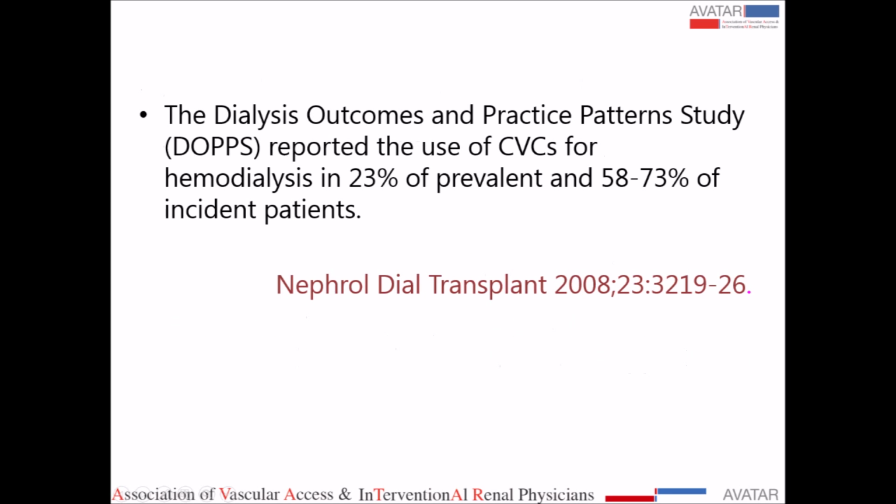According to the DOPS study, the prevalence of use of these catheters in hemodialysis is around 23%, and in incident patients up to 75%. And Dr. Jha has mentioned previously that there are many variations from center to center in the incidence and prevalence of this kind of catheter use in incident and prevalent dialysis patients. So this is the reality that we are using these catheters.